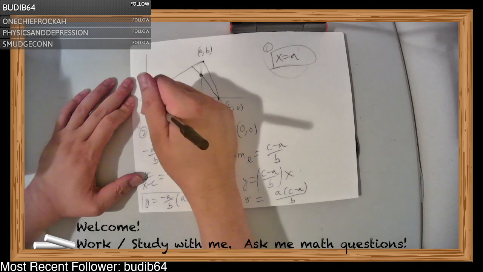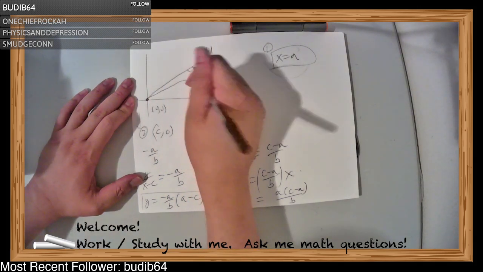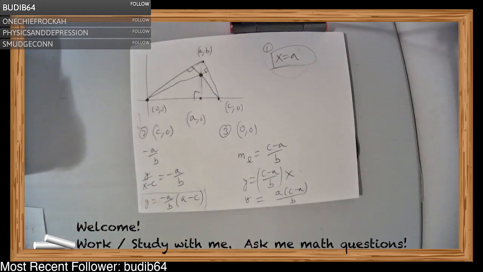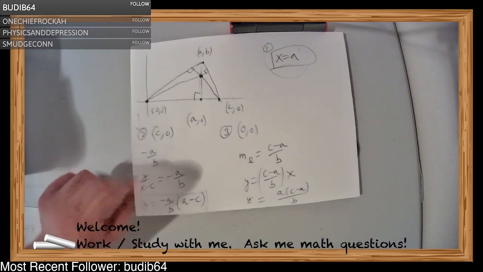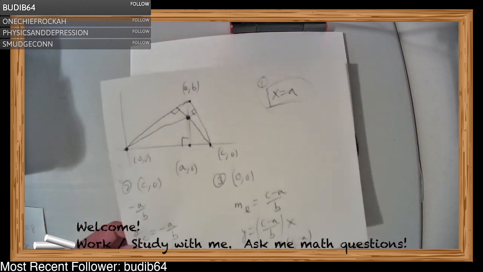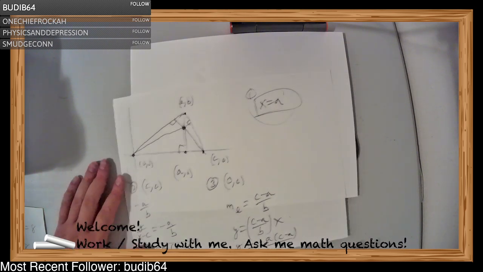We want to prove it's all concurrent, that it all goes to the same point, and we get the same y value. So we're good. I think that's all I want to say about that. Yeah. So that's that. We're not going to do angle bisectors because angle bisectors are rather difficult when it comes to Cartesian stuff.